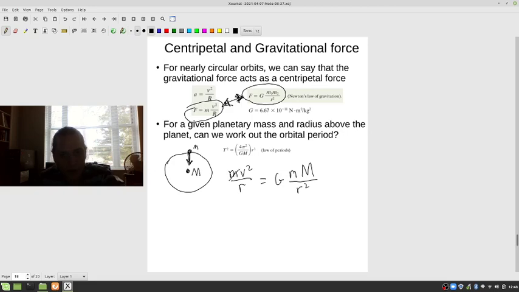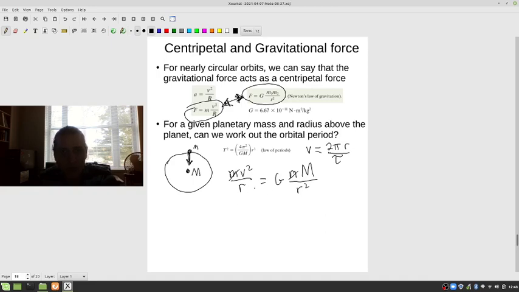Now I can cancel out the m's, dividing both sides by little m. And now my v for centripetal motion is just the circumference, 2 pi r, divided by the period.